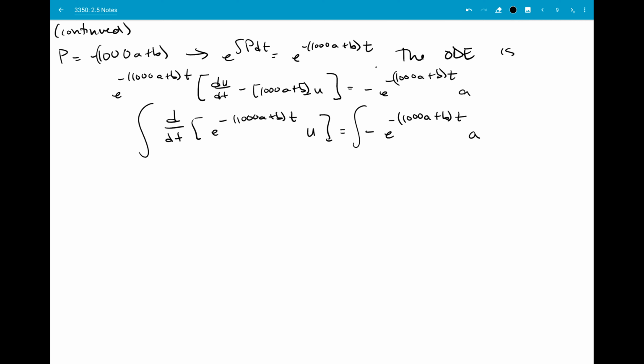To make my bracket smaller, I can do this. So let's do very narrow parentheses. Integrate both sides with respect to t.